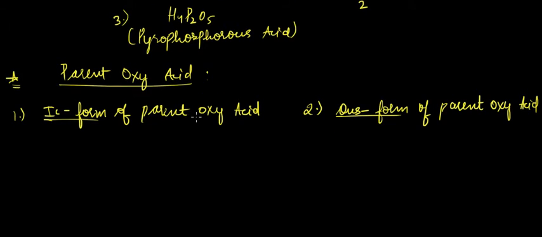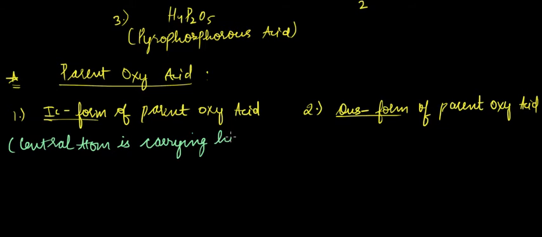In the ic form, the central atom is carrying higher oxidation state. And in the ous form, the central atom is carrying lower oxidation state.